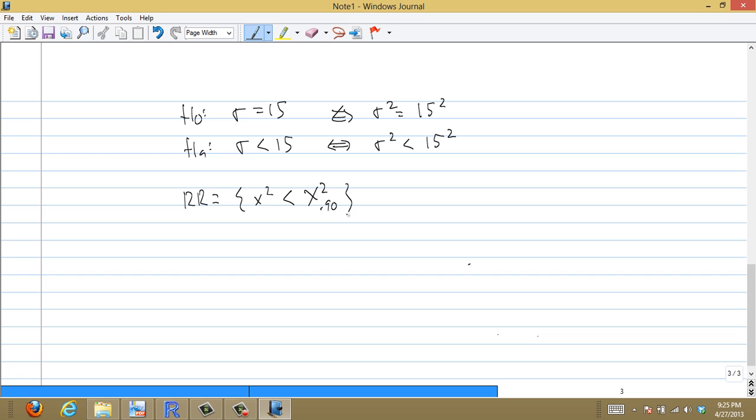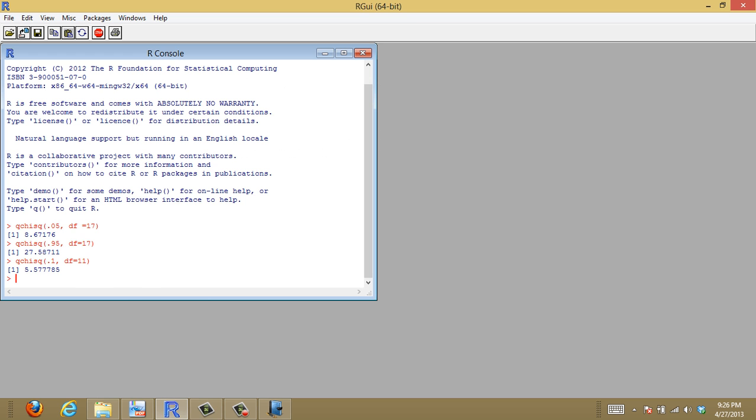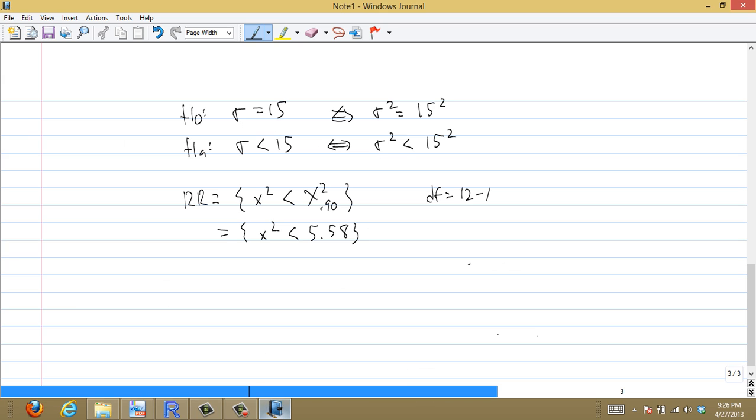In this case, our chi-square distribution is going to have 11 degrees of freedom, 12 minus 1, and when we look that up in R, we want to reject the null hypothesis when our test statistic is less than 5.58. Looking in R here, we want the 0.1 quantile of the chi-square distribution with 11 degrees of freedom, which as you see here is 5.58. So that's where we get the number for our rejection region.